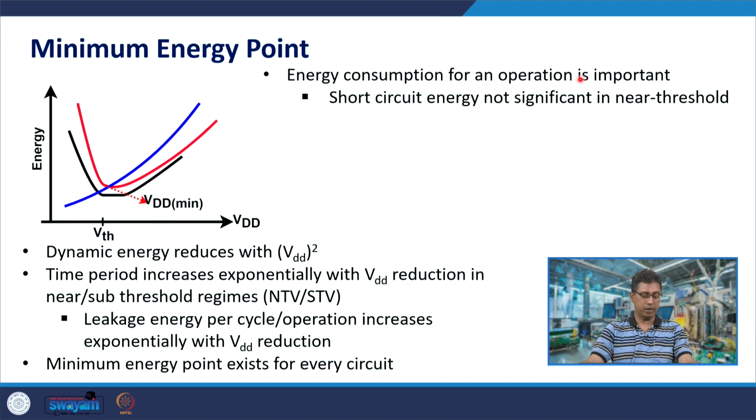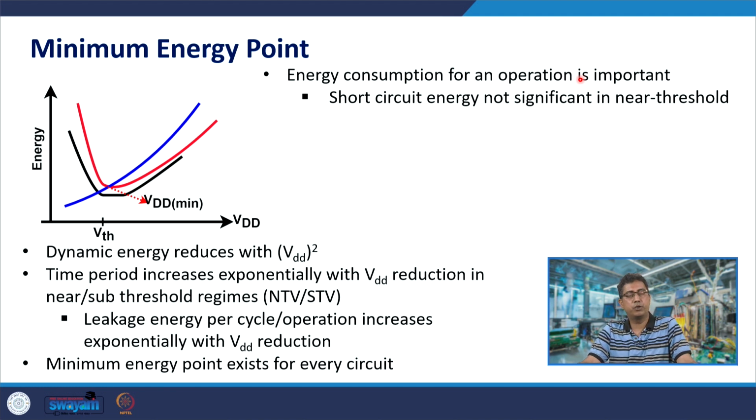In the previous lecture we had discussed that there is a minimum energy operation, an optimum VDD which corresponds to the minimum energy operation. This arises because in the near threshold and sub threshold regimes, the clock time period increases as you reduce the supply voltage, and that increases the leakage energy exponentially as you reduce VDD, but the dynamic energy keeps on reducing as you reduce VDD.